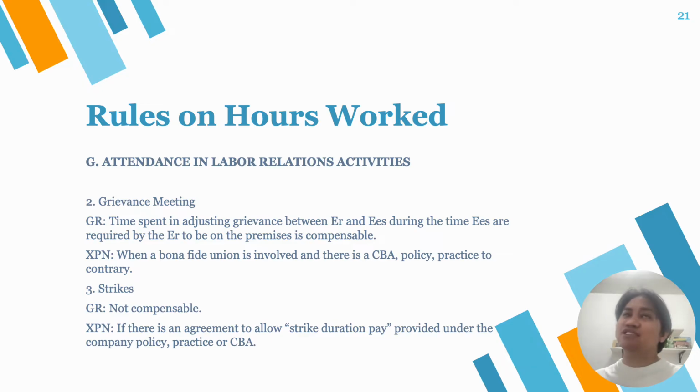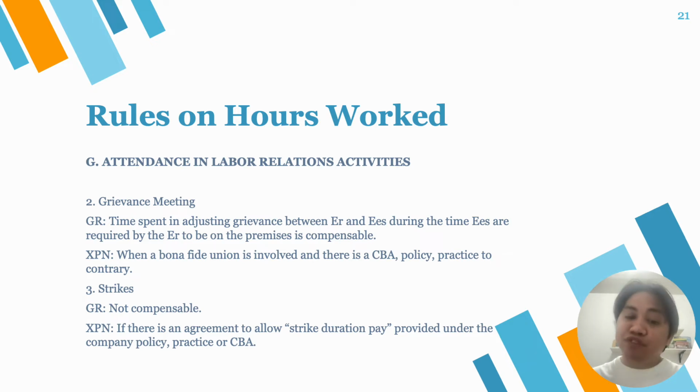Now for strikes, general rule, it's not compensable. You're not compensated when you commit or you declare or participate in strikes. Exception if there is an agreement to allow a strike duration pay provided under the company policy, the company practice, or the collective bargaining agreement entered between the union and the employer.